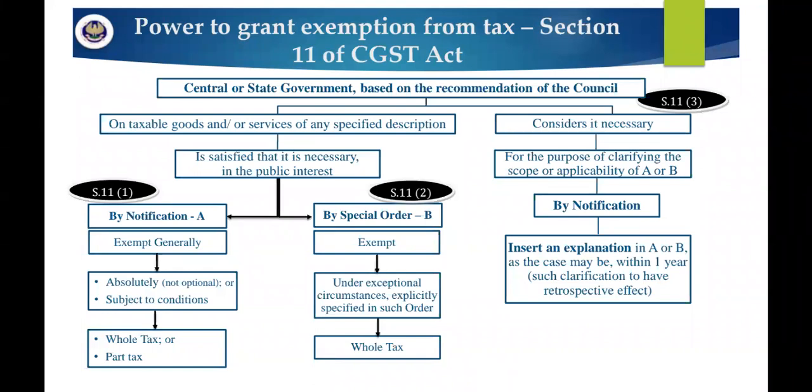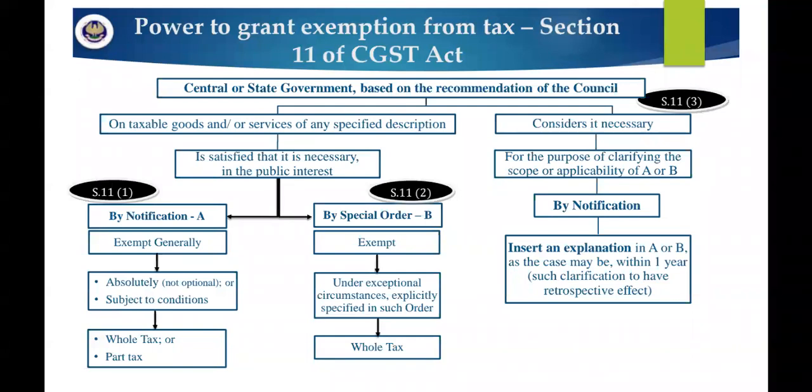First is, on taxable goods and services of any specified description, if the government considers it necessary. If any description is given on those particular things, whether those things are taxable goods or taxable services, it should be satisfied that it is necessary in public interest.